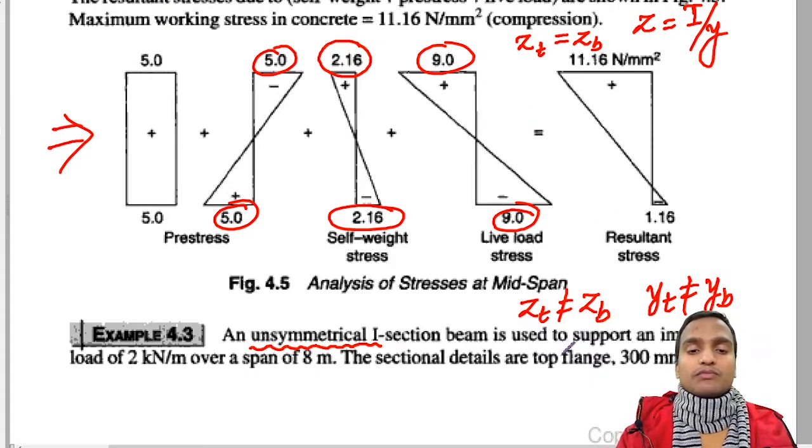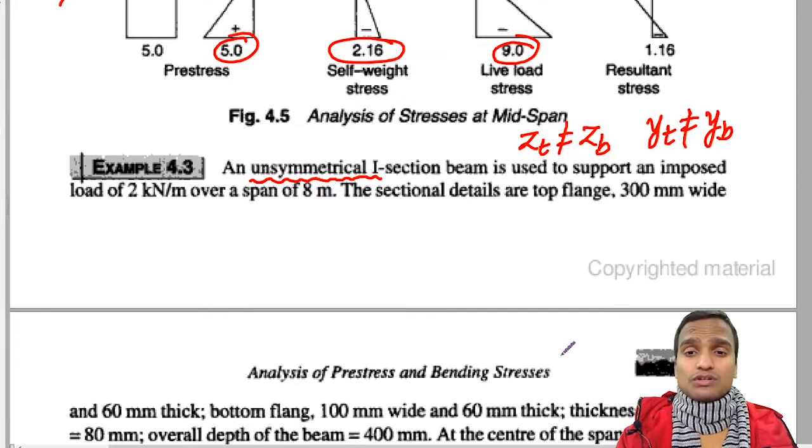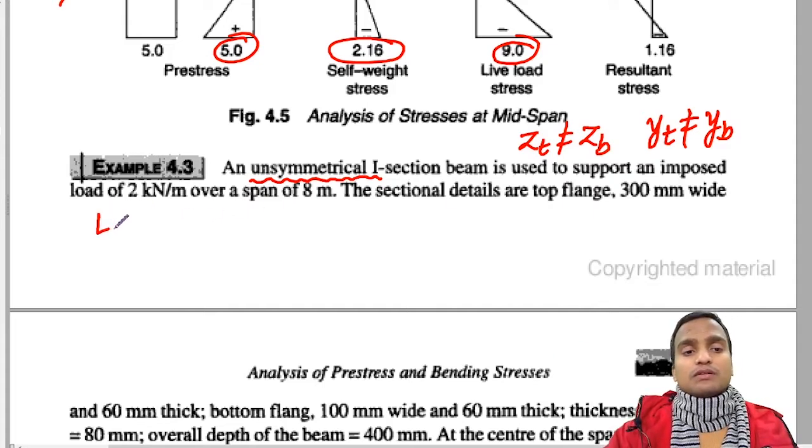In example 4.3, it says an unsymmetrical I section beam is used to support an imposed load of 2 kilonewton per meter. So the live load is given as 2 kilonewton per meter over a span length of 8 meter.